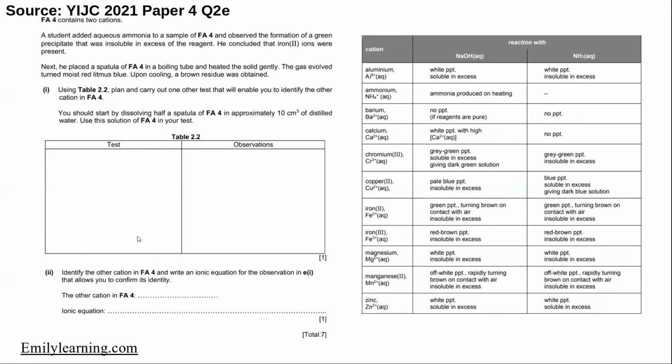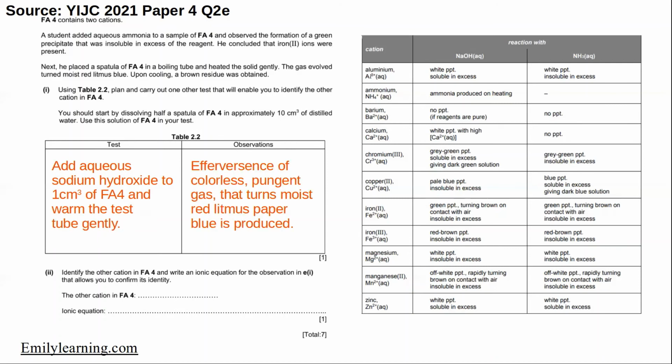So let's write out the test. The test would be to add aqueous sodium hydroxide to 1 cm³ of FA4 and warm. Then the observation: you are supposed to carry out the test, and because we know that ammonium is present, we will observe effervescence of a colorless pungent gas that turns moist red litmus paper blue.